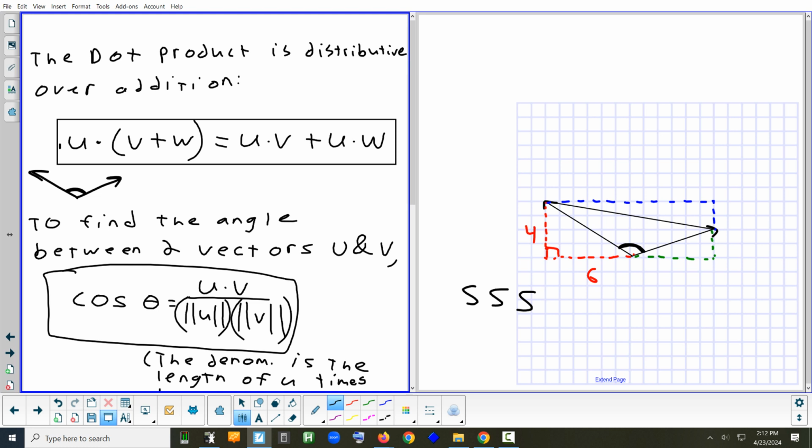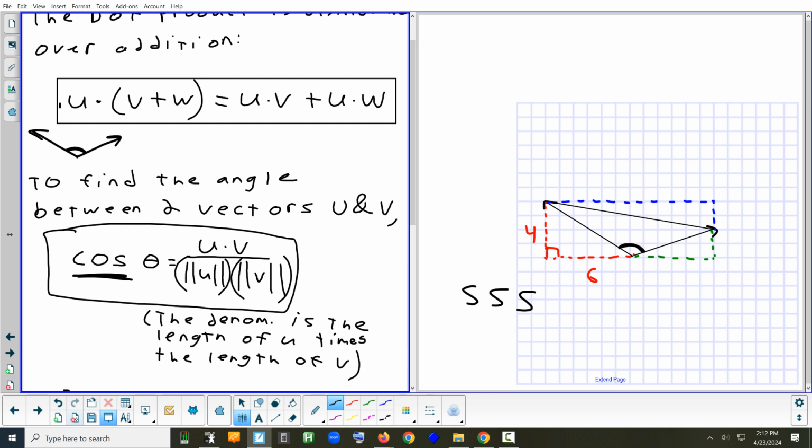But hopefully you understand that it has something to do with law of cosines, because it has cosine in it. So the cosine of the angle is the dot product over the product of the magnitudes. That's the formula. It's the dot product over the length of u times the length of v.